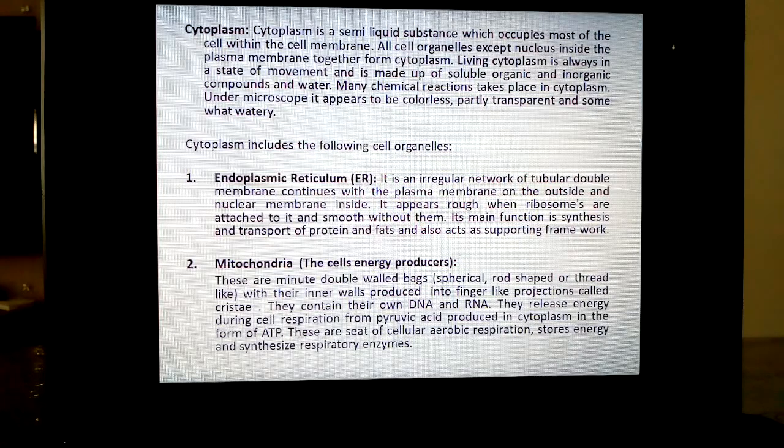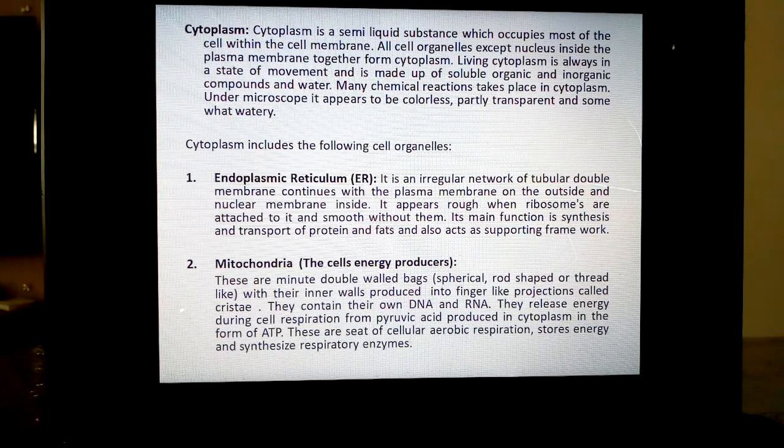Rough means like suji, you know suji rava? Like rava grains, there are certain grains called ribosomes which have a definite function. Those ribosomes are attached to the endoplasmic reticulum. When they contain ribosomes, they appear rough. When they don't have them, they appear smooth.